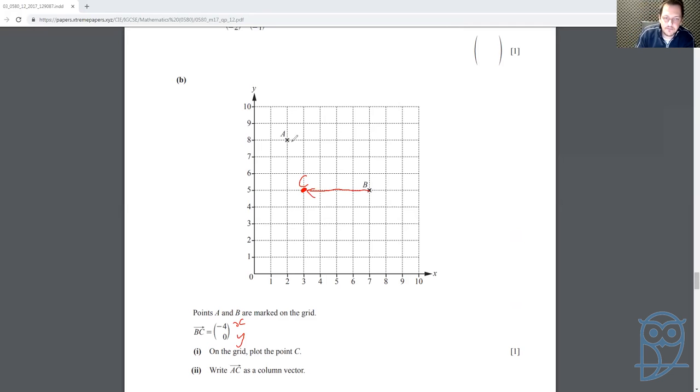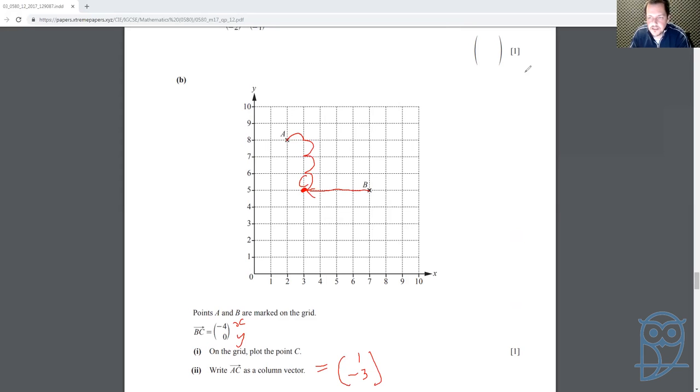So A to C means we move 1 to the right and then 3 down. So the vector AC is going to be 1, minus 3. Not 3, minus 1, not minus 1, 3, 1, minus 3. This sort of thing is very important because understanding direction of vectors is important for when you actually get to your proper extended syllabus questions.